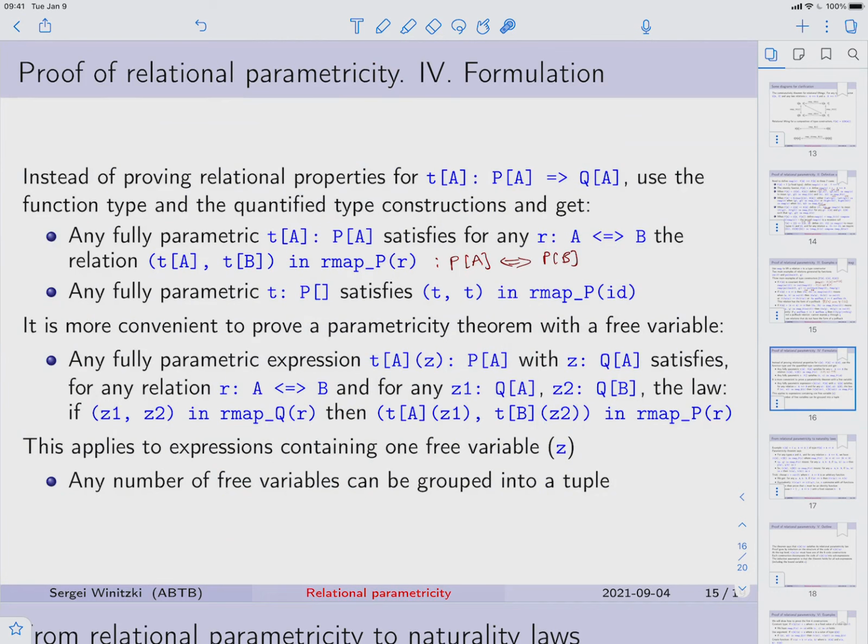Now this is actually the formulation that you can find in the Wadler paper and in some other papers: that any fully parametric closed expression T with no type parameters is in a relation with itself, but they don't say what that is.